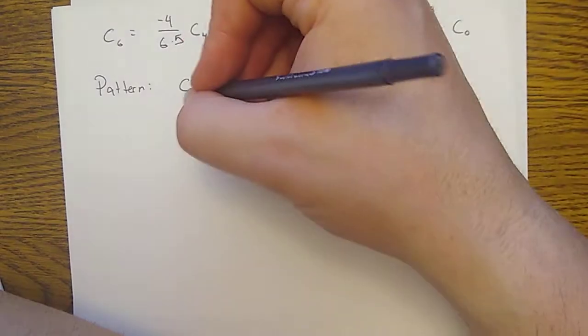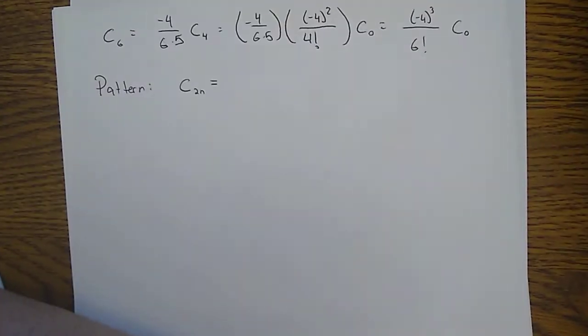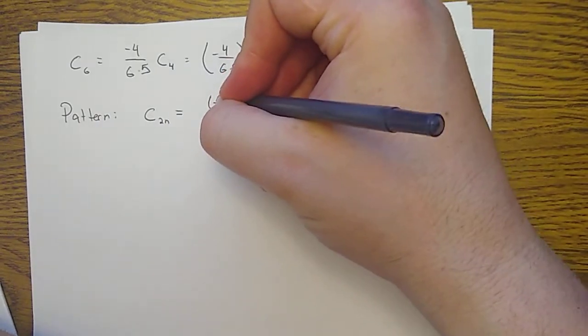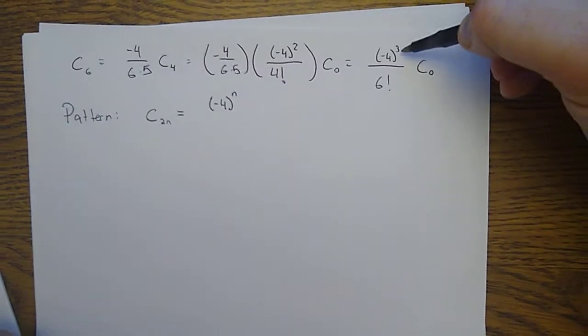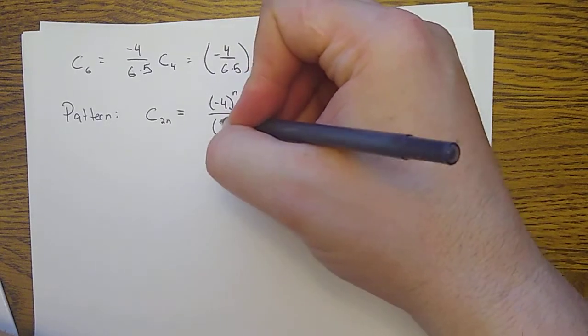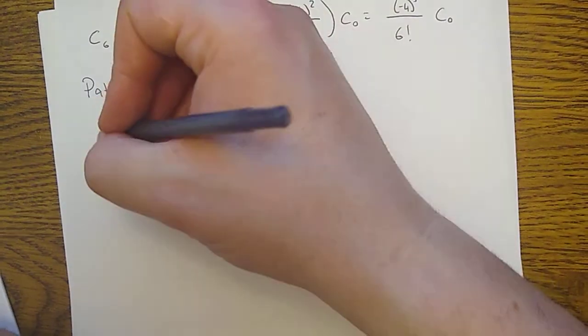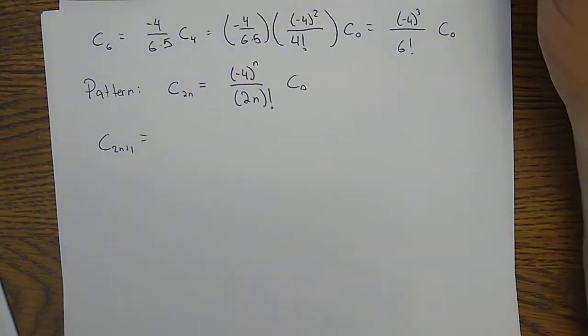So this is different for even and odd numbers, so let me do even numbers first. So C sub 2n, what does that seem to be? Well, I can sort of guess the pattern. Negative 4 to the n, because I guess for when this is like when n is 3, over 2n factorial times C0. And then what's an odd one? Maybe I'll look at C5.